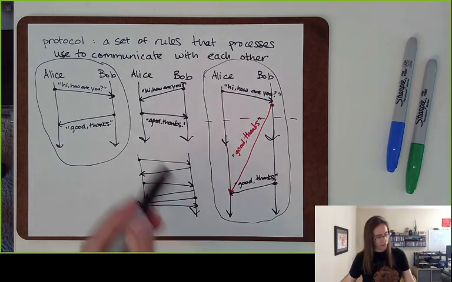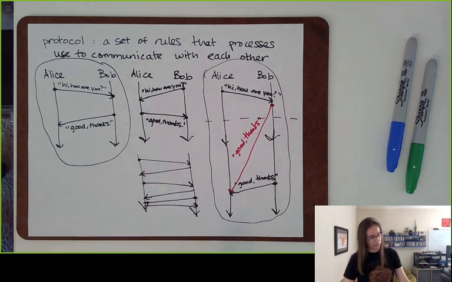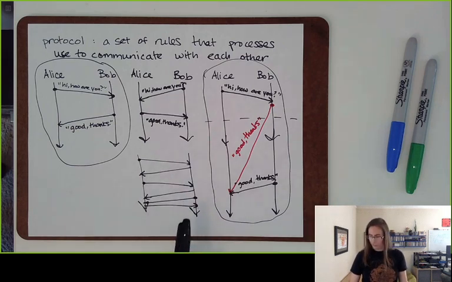I didn't bother to actually write out the hi, how are you, good, thanks on every line here. But the point is, there's no violation of the protocol in this picture. So there are infinitely many different executions that I could write down that are correct executions of this particular protocol, which doesn't have a name.